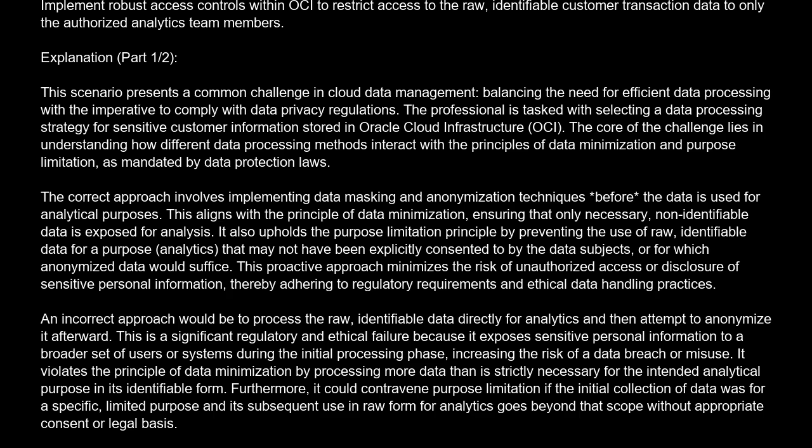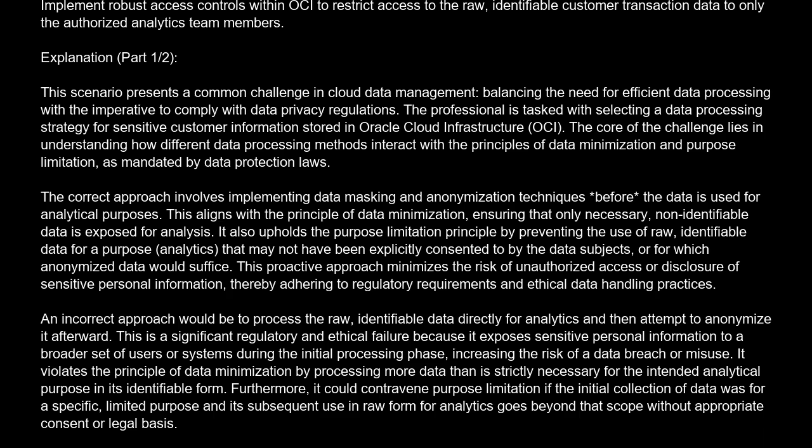An incorrect approach would be to process the raw, identifiable data directly for analytics, and then attempt to anonymize it afterward. This is a significant regulatory and ethical failure, because it exposes sensitive personal information to a broader set of users or systems during the initial processing phase, increasing the risk of a data breach or misuse.